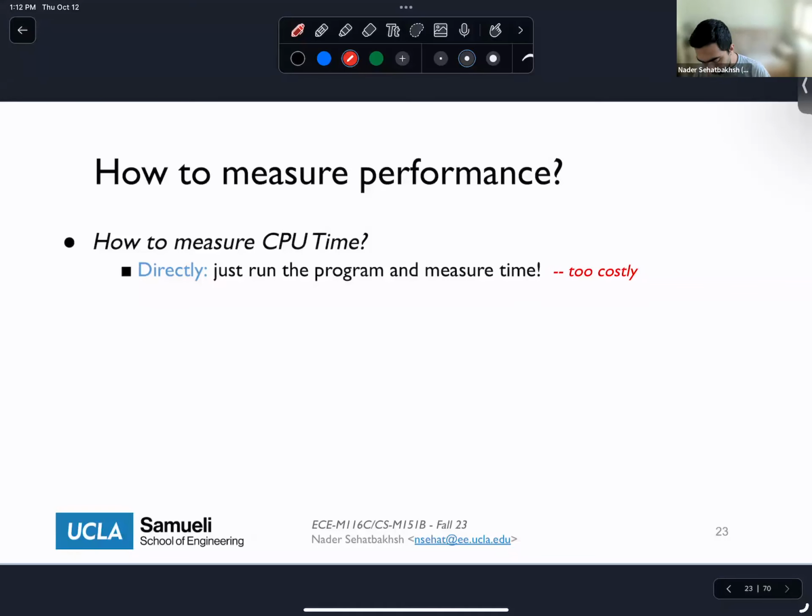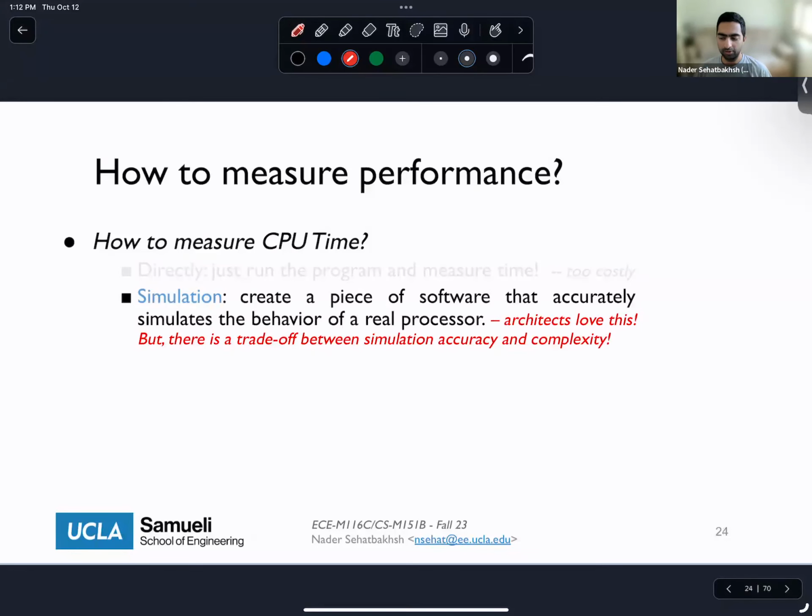So what people usually do is use some form of simulation. Basically, the idea is that you mimic the behavior of the hardware, creating some form of simulated behavior of the hardware. This way you can actually measure the delays and the interactions and so on and so forth. This is something that's very, very commonly used in computer architecture.